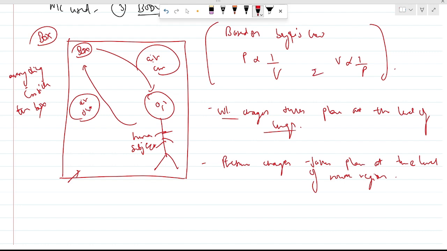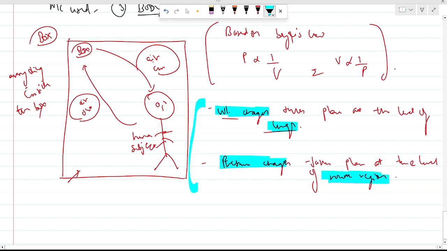Volume changes at the level of the lungs, pressure changes at the level of the mouth. All the changes take place in relation to the human, and as the human is contained in the box, FRC is calculated here.